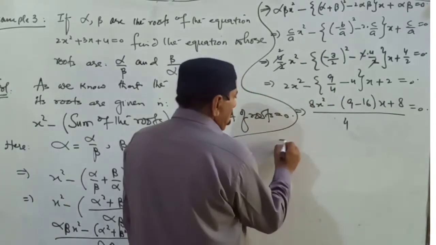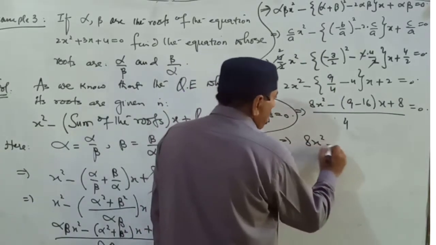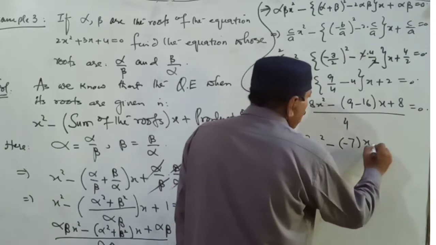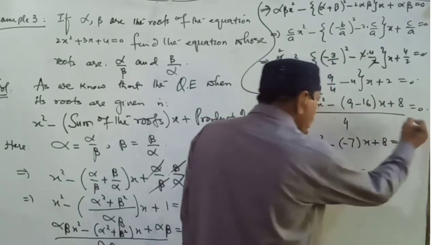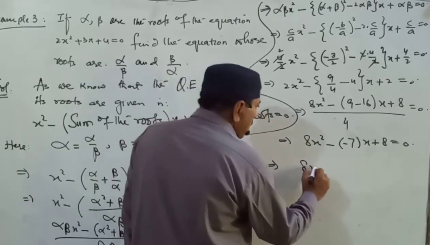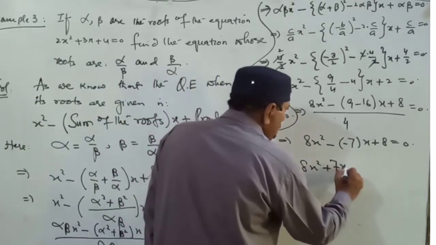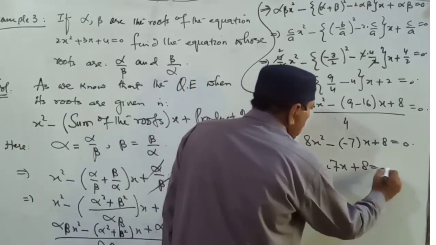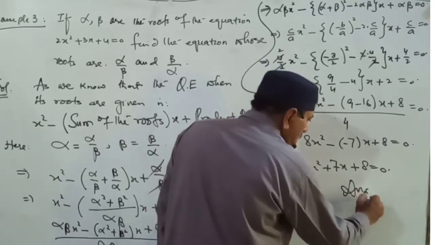So this will be 8x square plus 7x plus 8 is equal to 0. So finally the required equation is 8x square plus 7x plus 8 is equal to 0.